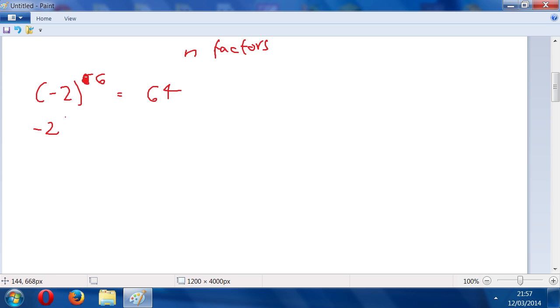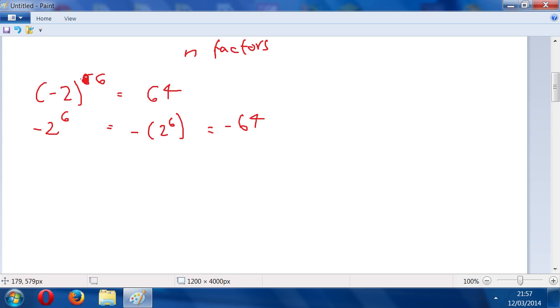I did speak about this before, but I want to speak about it again, because I'm going to be doing a recap soon and want to get everything clear. Minus 2 to the 6 is basically the same as saying minus, 2 to the 6, like that. So it's minus 64.